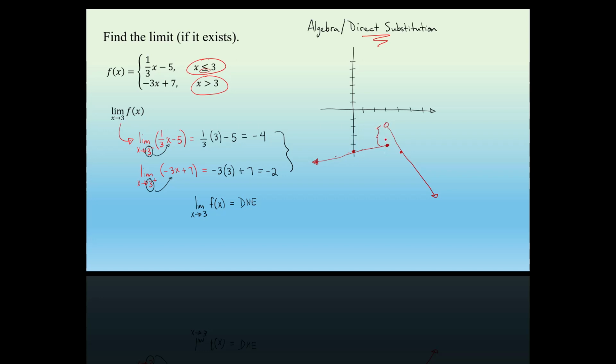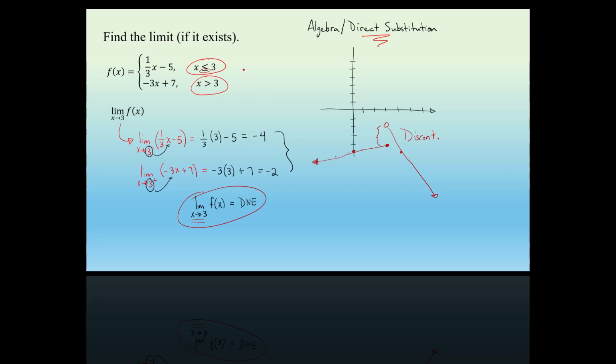These two are not equal to each other. There's a gap here. This is a discontinuity, so it's discontinuous at x equals 3. Therefore, we can understand that the limit as x approaches 3, either from the left or the right, is DNE, because from the left or from the right, they do not match up. They do not meet each other.